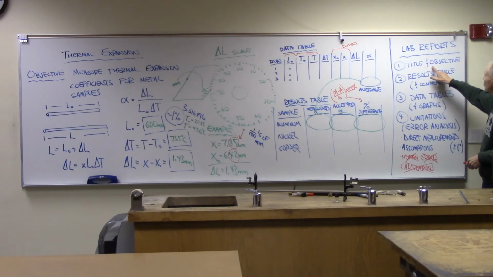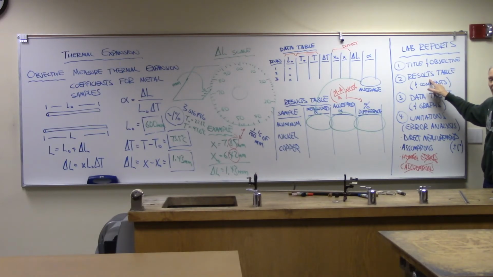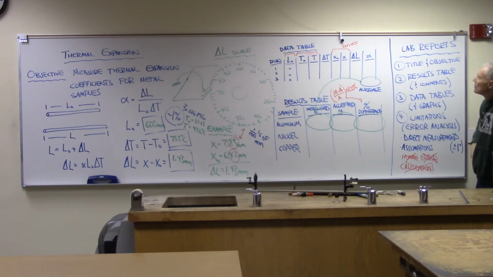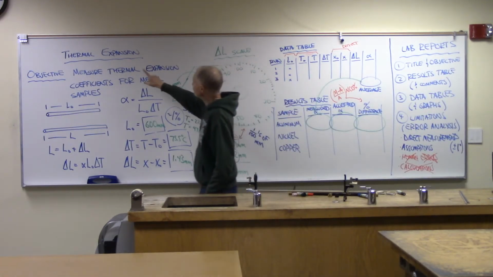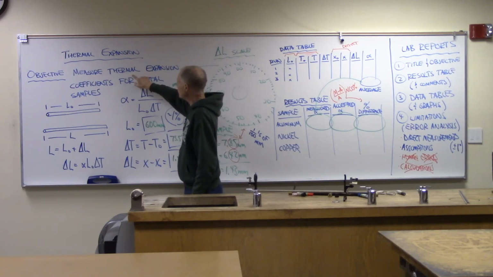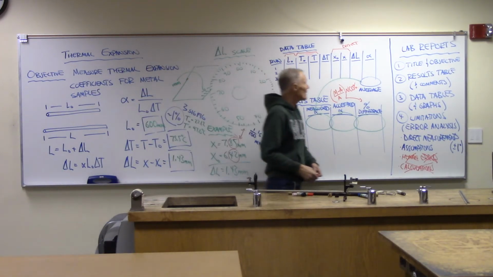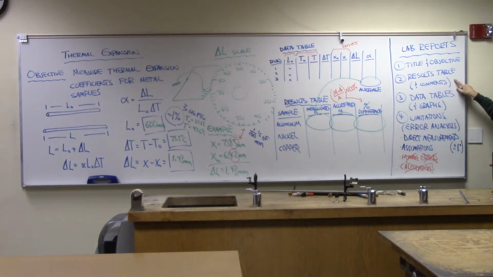Title and objectives, start off with those. And then I actually prefer having a results table right after that. I don't think lab reports are like suspense novels where you have to wait to the last chapter to find out what happens. I prefer saying, this is what we set out to do, and then immediately follow that up with, and this is what we got.